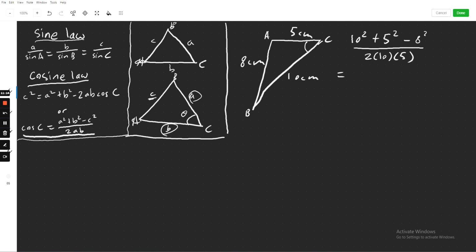This would equal 100 plus 25 minus 64, which equals 61, over 20 times 5, which is 100.